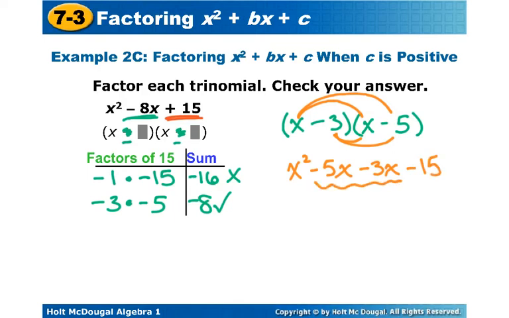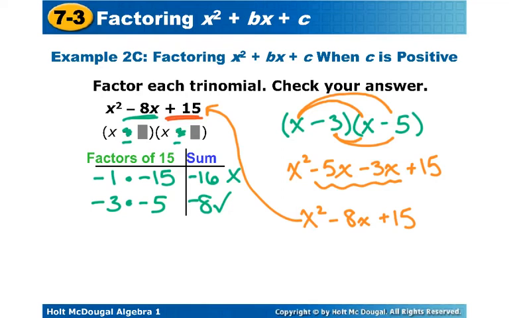Combine your like terms, you get x squared minus 8x. Nope, this should be a plus 15 at the end because the negative times the negative. So then this is plus 15. Looking up at what I started with, that matches up. So I solved it correctly.